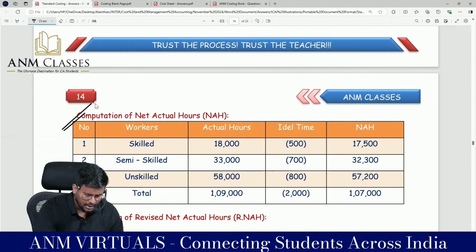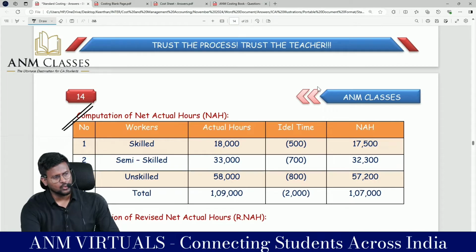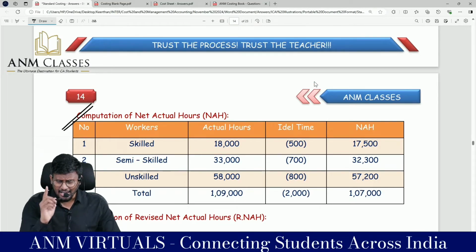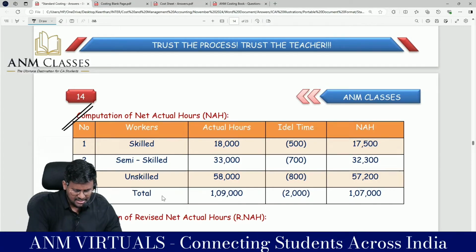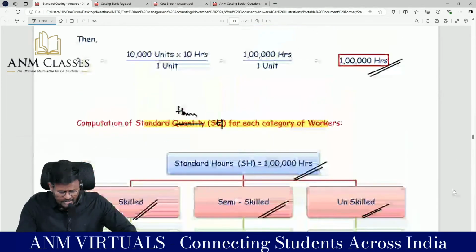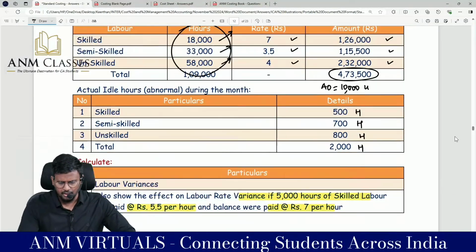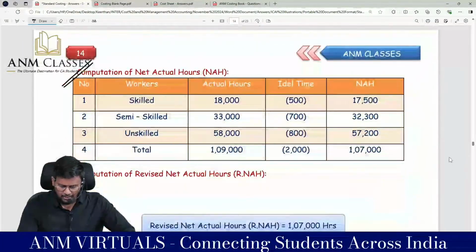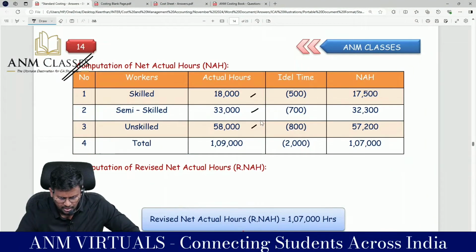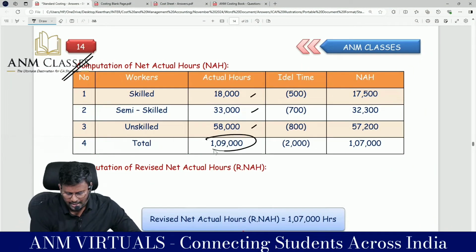Now coming to the net actual hours. For net actual hours you should know the ideal hours. Skilled, semi-skilled, unskilled, they themselves are given in the question. The actual hours are 18,000, 33,000 and 58,000, total 1 lakh.